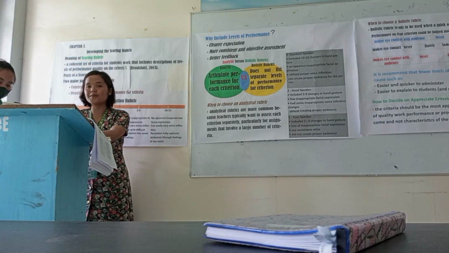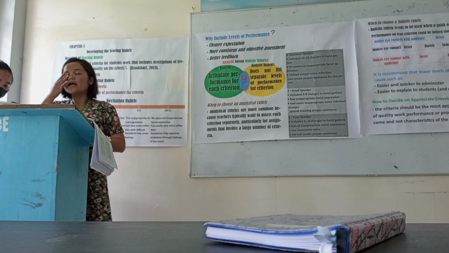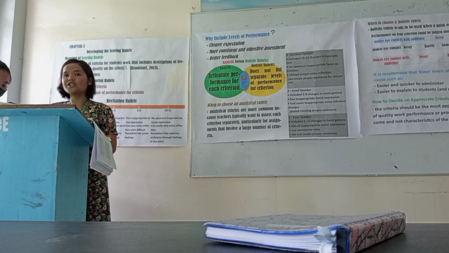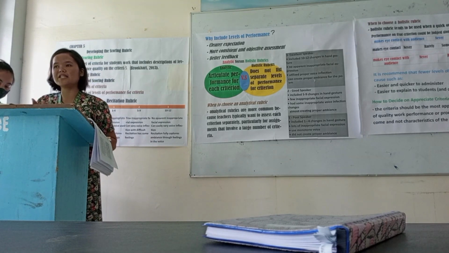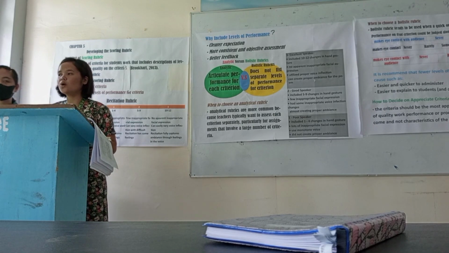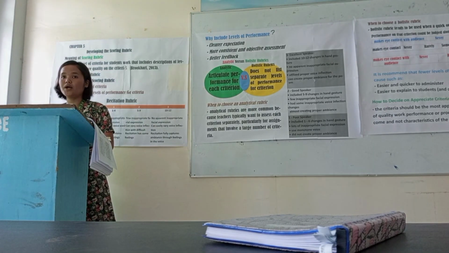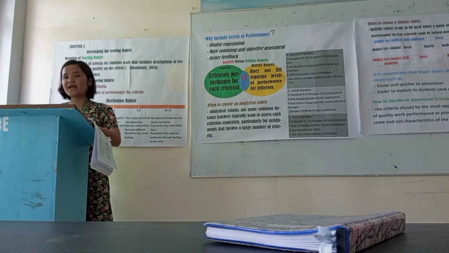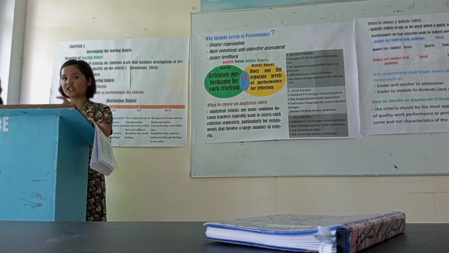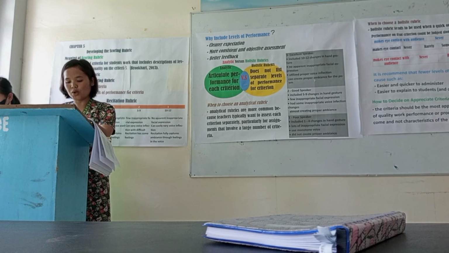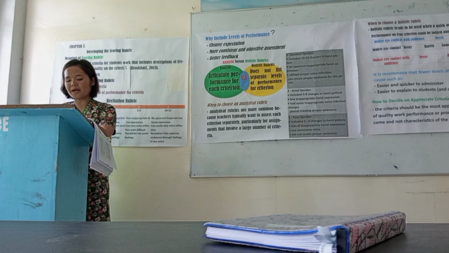Itong task-specific, ang example nito is just like yung teacher mo, nagbigay siya ng project sa'yo, like gumawa ka ng, yung pinagawa ka sa atin ni Ma'am, yung simple motor. So ibig sabihin, yung rubrics na ibibigay mo dun is specific lang talaga dun sa project na pinagawa ng teacher sa'yo.